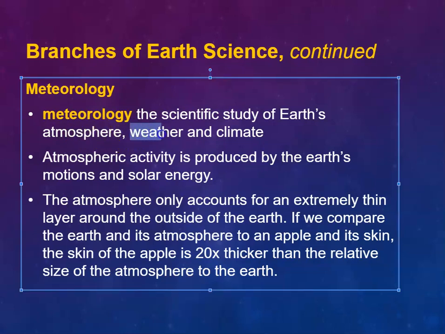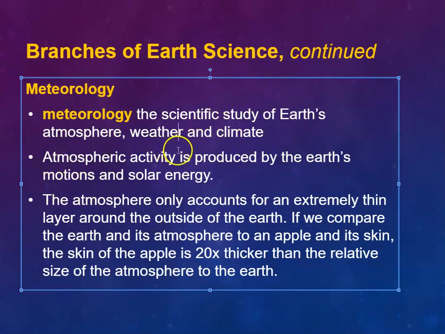Weather denotes all of the different changes that happen when heat and energy are moving around in the atmosphere. And climate denotes weather essentially over time, but it also denotes things like general temperature in an area over time, as well as other big factors like the temperature at the equator being different from the temperature at the poles. That's a part of climate as well.